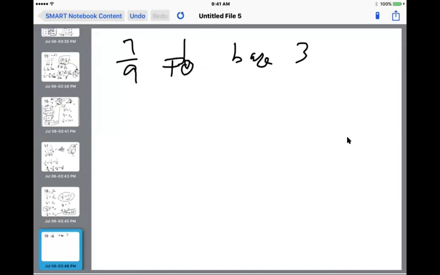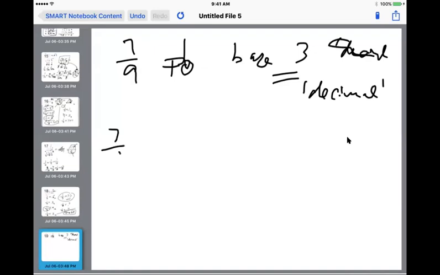Luckily, this skill is kind of fun to do. Here's the way you convert 7/9 into base 3, like a decimal. I think my finger's getting tired also. A lot of excuses. Here's how you do it.